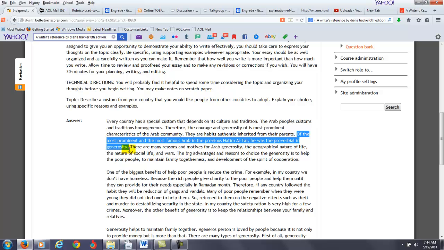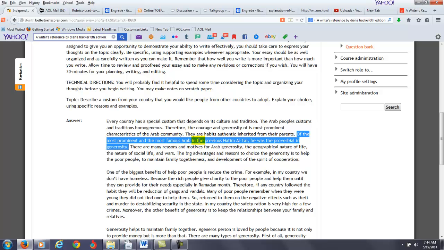You have to say, of the most prominent and the most famous. You want to say here, Arabs, plural S. Yeah, see, this is kind of difficult.